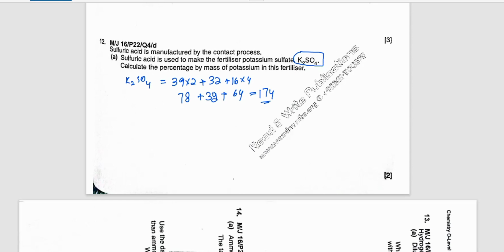So we have to find the percentage by mass of the potassium.